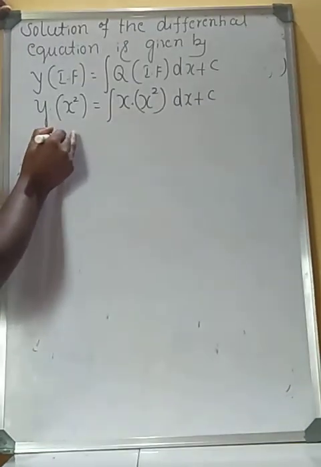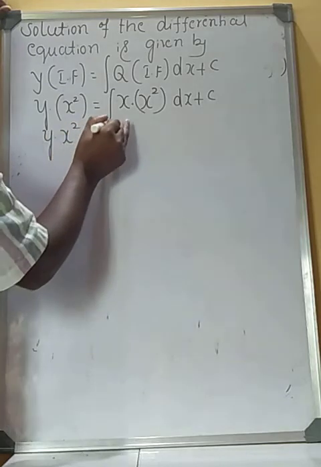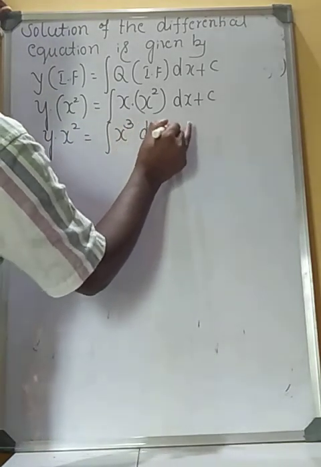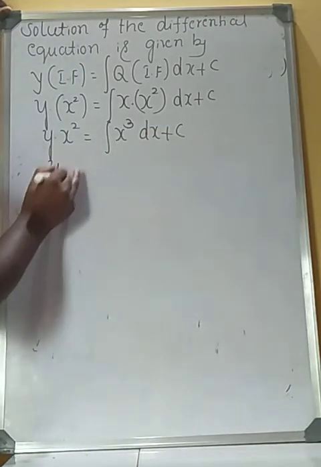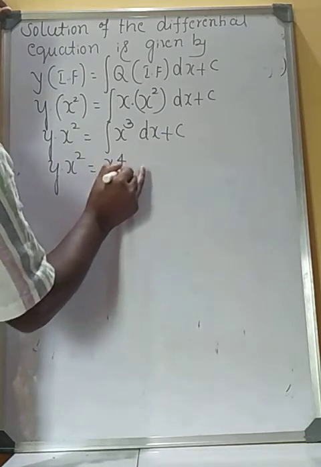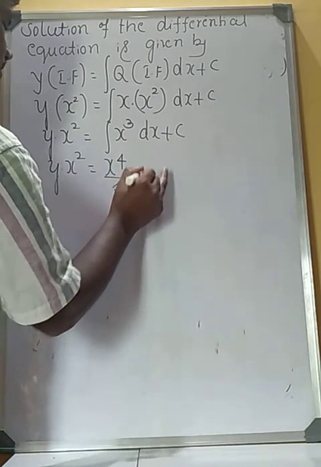Therefore y into x square is equal to integral of x cube into dx plus c. Therefore y into x square is equal to x to the power of 4 by 4 plus c.